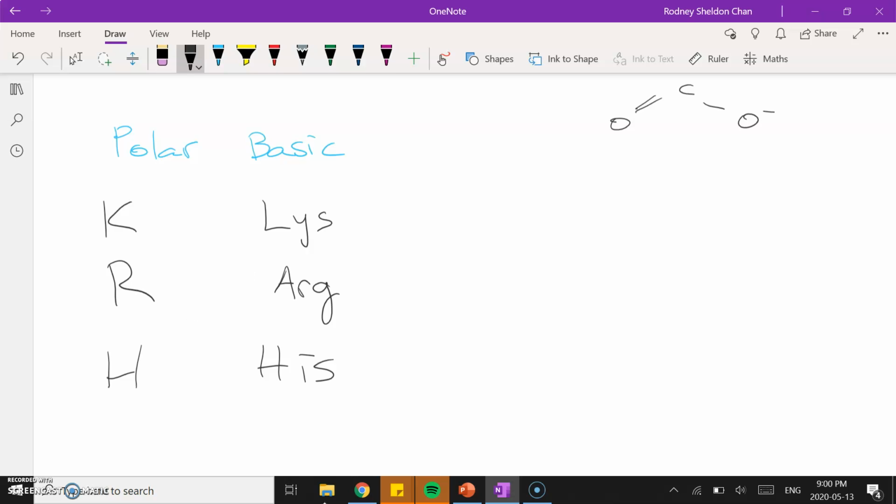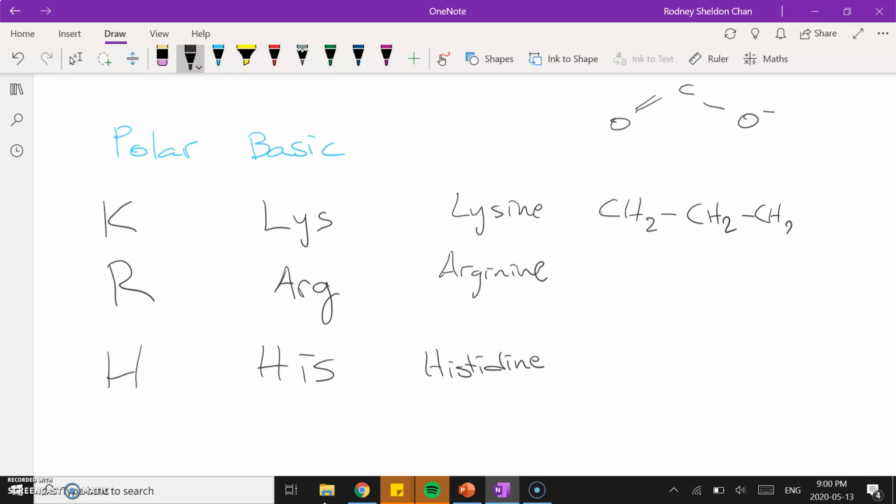Arginine, histidine. These ones are just straight lines. Lysine is CH2, CH2, CH2, CH2, and NH3 plus at the end.